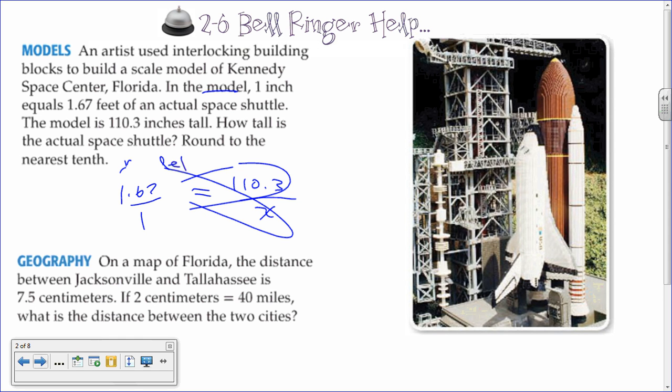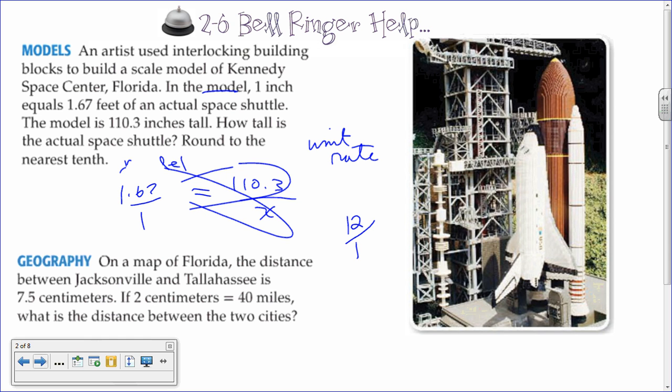1.67 over 1, okay? We'll talk about a term that's called unit rate. Write that down. Like 12 inches per what? Okay, so 12 would go on top, and what would go on bottom?